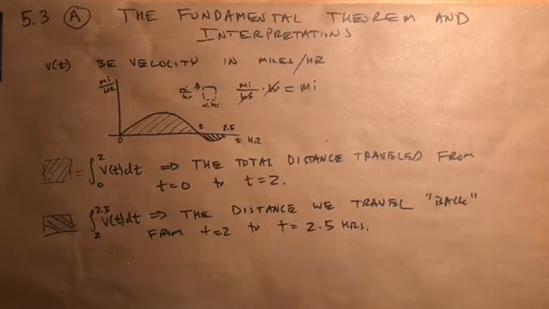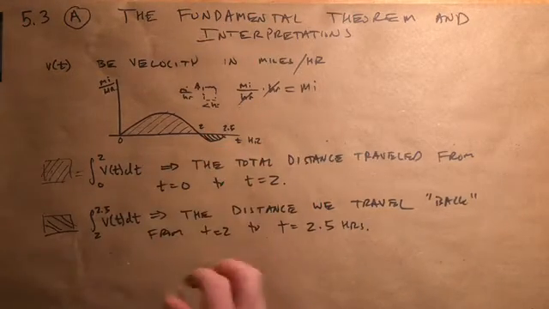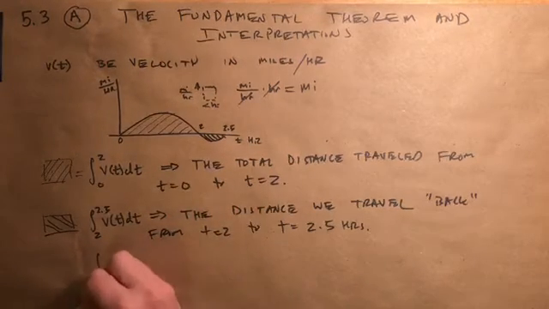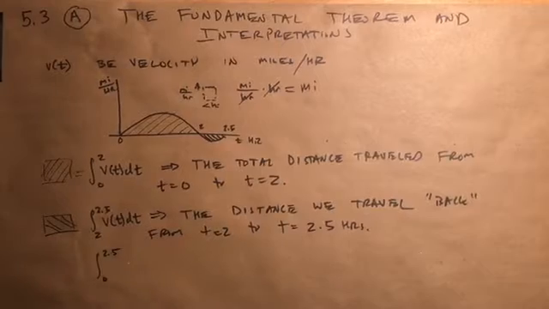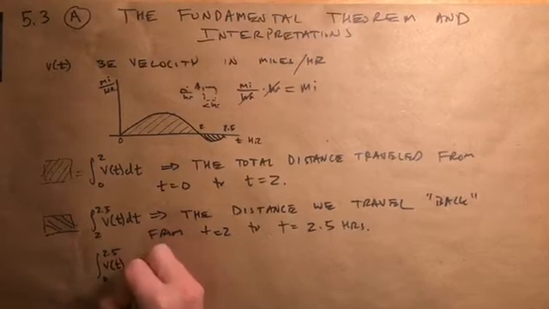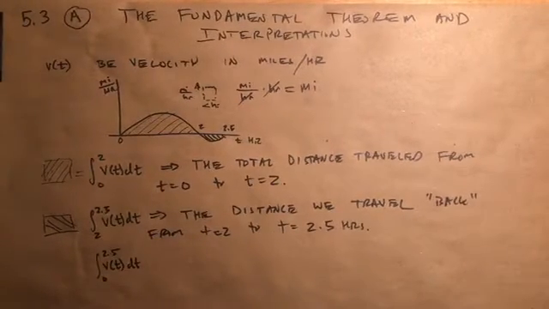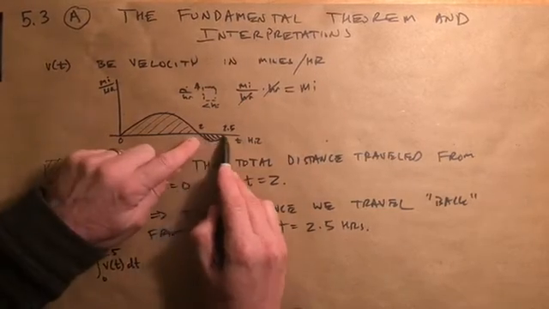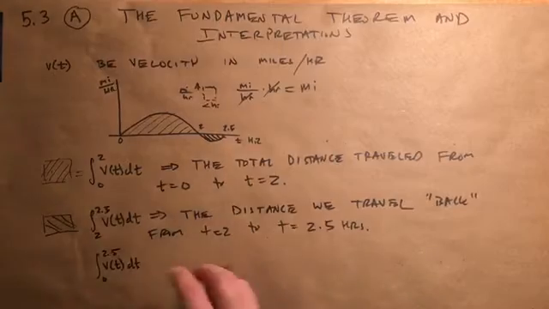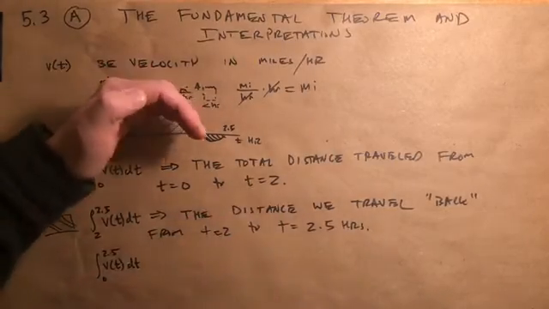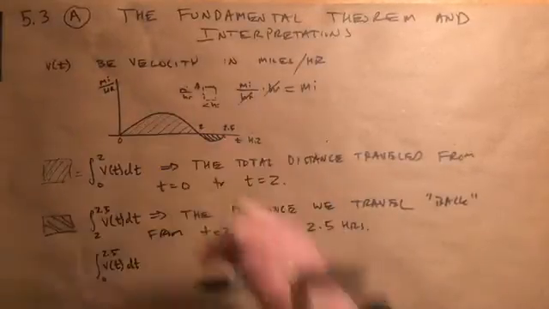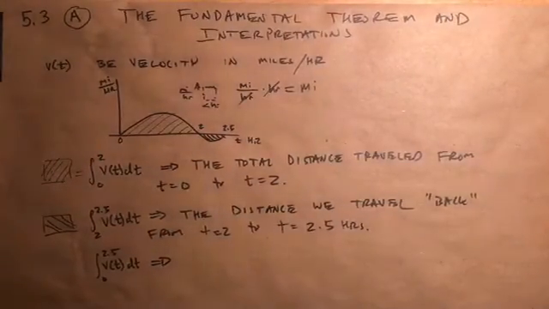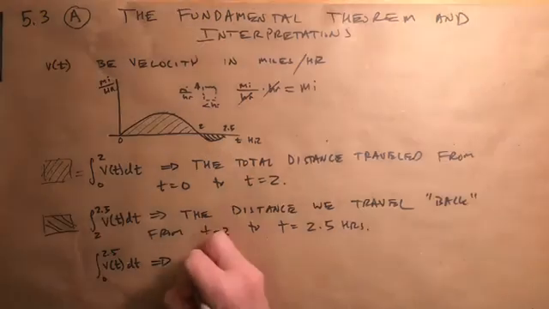Okay, I can ask us one last question, and then maybe I'll just say we're going to look at the integral from 0 to 2.5 of v of t dt. So I went away from home for 2 hours. I came back for that next half hour, and the area, the signed area, the positive area above, the negative area below, is going to give us, maybe I could say like the net distance.